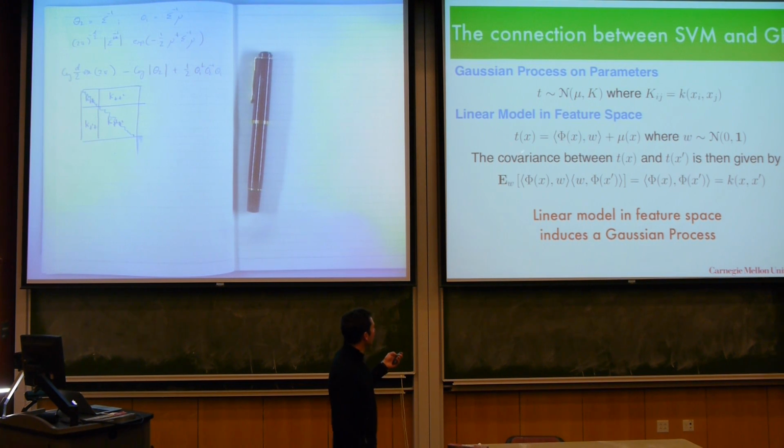So I can immediately see that T of x has to be normally distributed because, well, it's a linear combination of random variables that are normal, so therefore it has to be normal, right? And it also has a mean. The mean is mu of x, because this has 0 mean, so therefore this thing also has 0 mean.